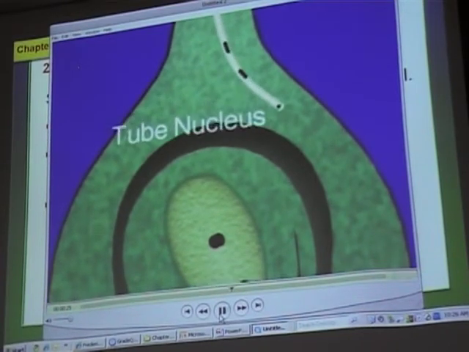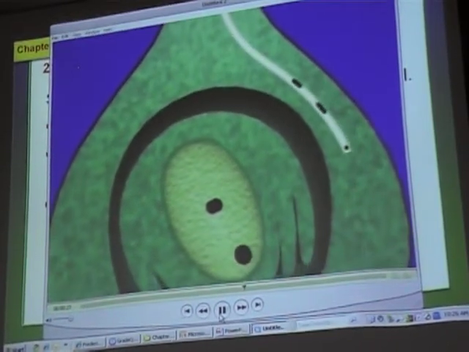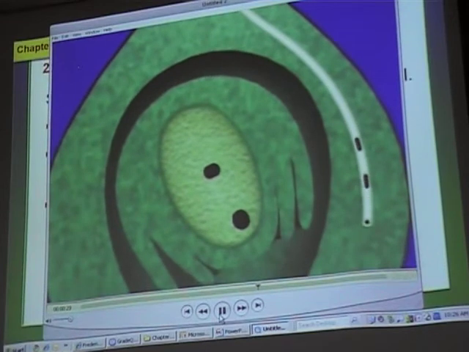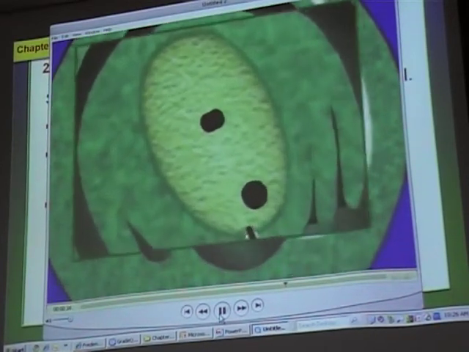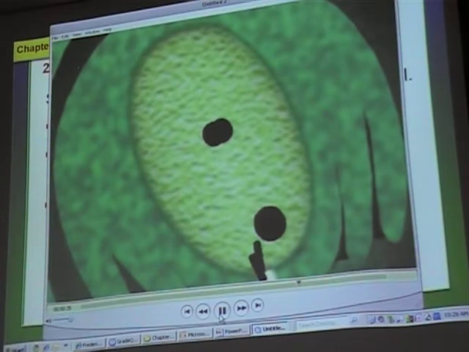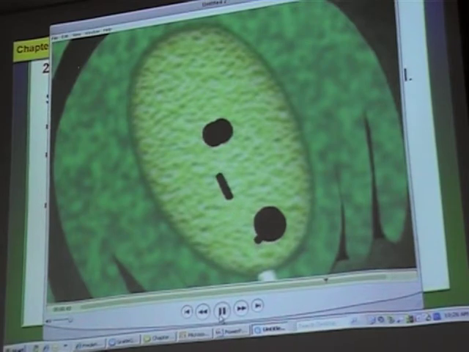The tube nucleus leads the way through the tissue of the style toward the female gametophyte. The two sperm cells travel through the pollen tube and enter the ovule. One sperm fuses with the haploid egg cell to form the zygote. The other sperm unites with the diploid central cell to form a triploid cell that will develop into endosperm.